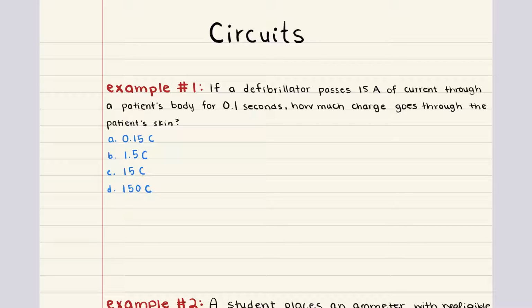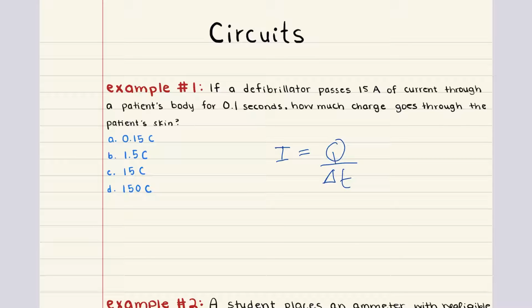In order to solve this problem, we need to understand the relationship between current, time, and charge. Electrical current is defined as charge flow, or in mathematical terms, charge transferred per unit time.